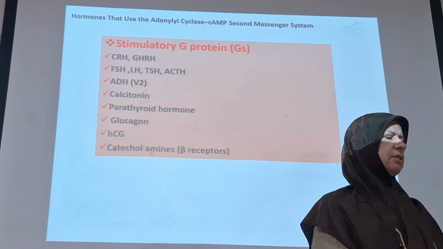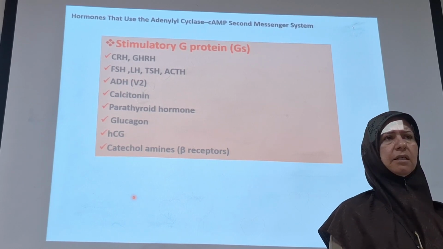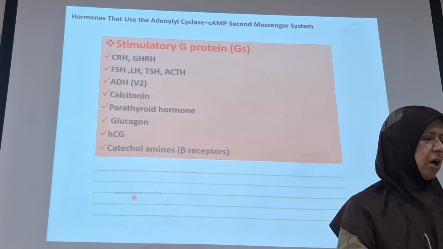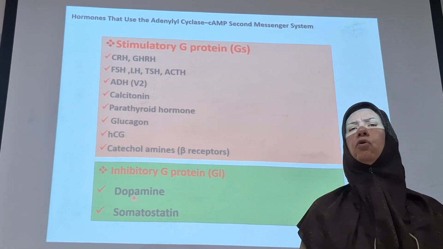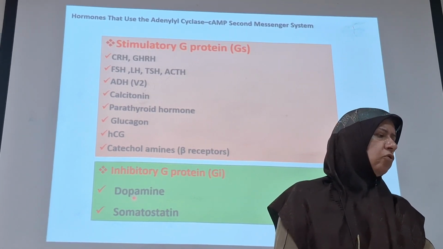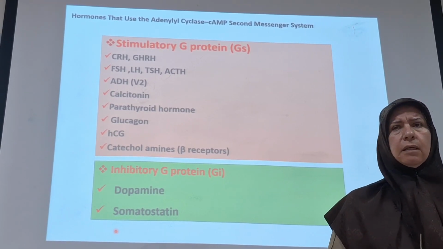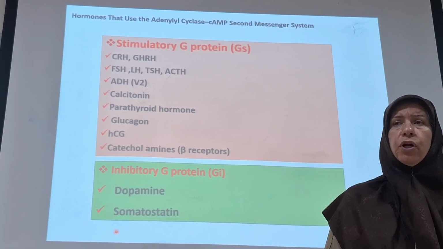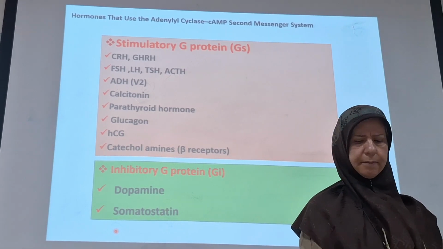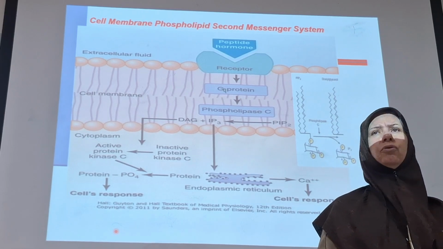You see here CRH, GHRH, FSH, LH, TSH, ACTH, and others. About GI, only two inhibitory hormones act via GI: dopamine and somatostatin. Inhibitory hormones act via GI. Okay? Here you see GQ.